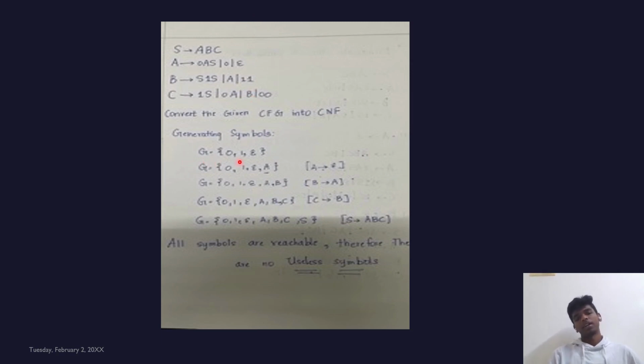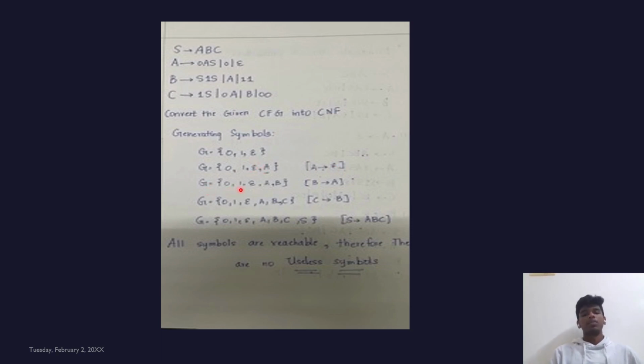First of all, write every terminal symbol present in the CFG into the generating symbols, that is 0, 1, epsilon in this case. And then from 0, 1, epsilon, whichever variable can be derived should be written here. From epsilon we can get A, that is A defines epsilon, so A should be added to the generating symbols.